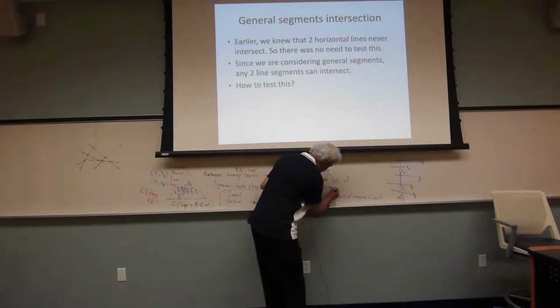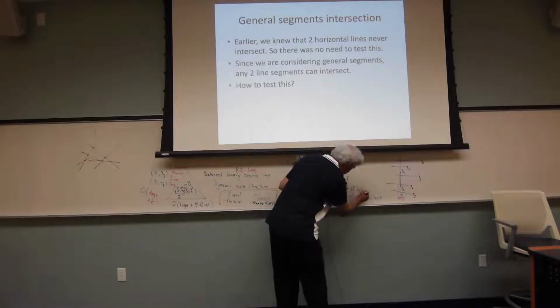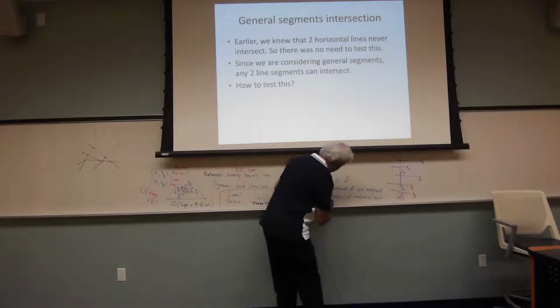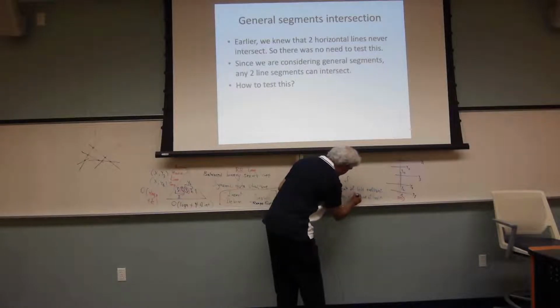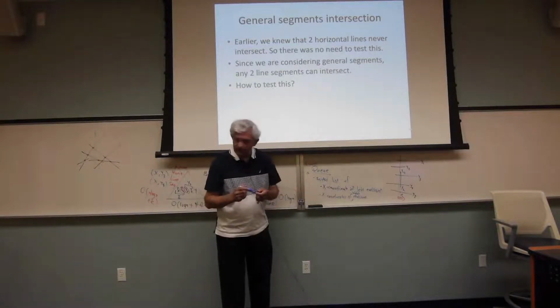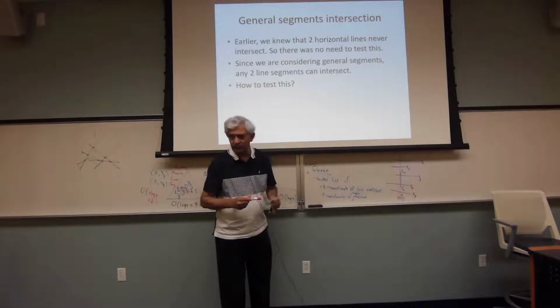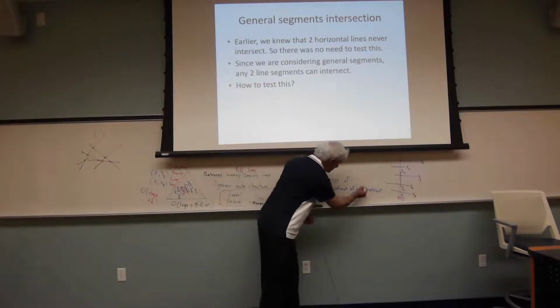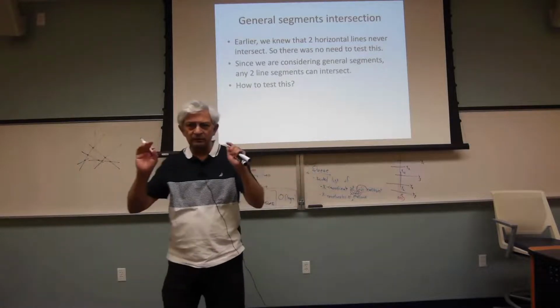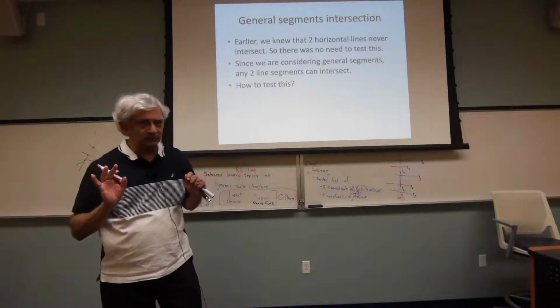X coordinate of left endpoint and x coordinate of right endpoint. And it's not of horizontal line segments. So I've just changed it so that I only have left endpoints and right endpoints. Here is left and here is right. And whatever is the x coordinate of that, that's what we are interested in.